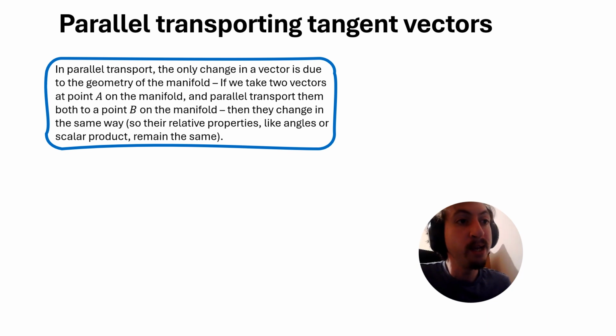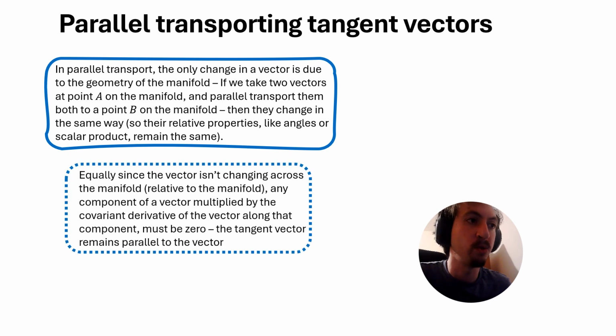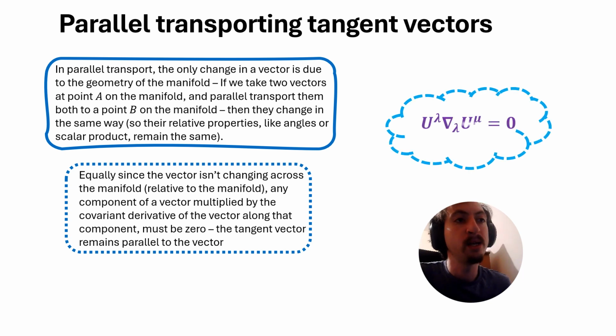So an interesting equation involving parallel transport is one between the four-velocity and some kind of derivative of the four-velocity. And to keep our equation a tensorial equation, so it applies in all coordinate systems, the derivative of the four-velocity needs to be a covariant derivative.